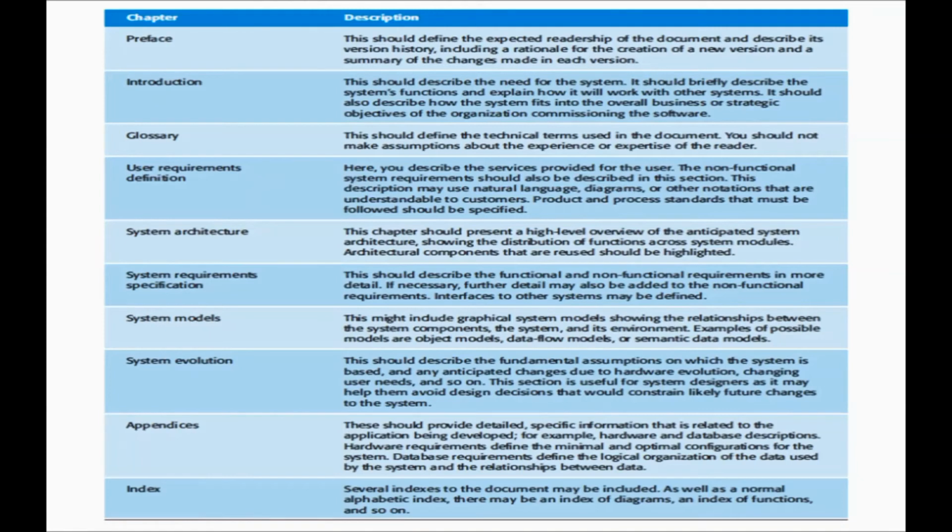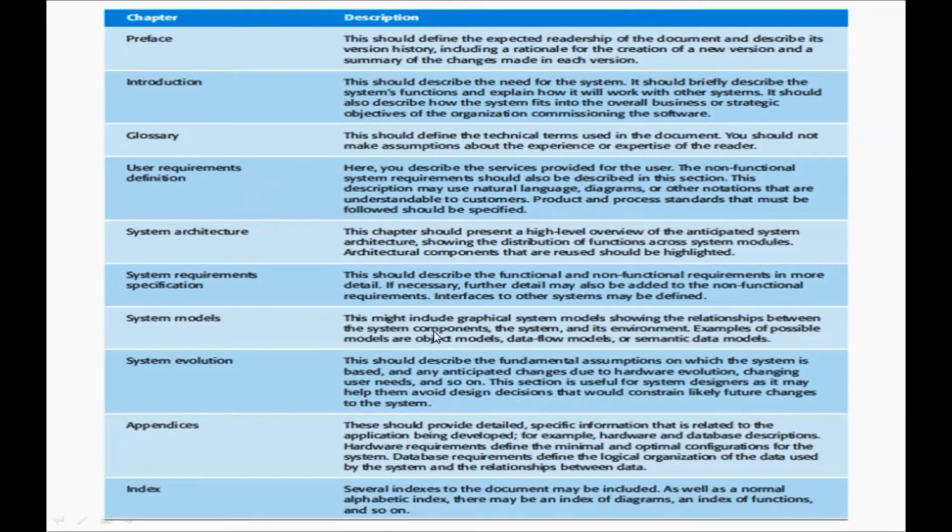Once again I'm telling you, this is just a reference template to create the requirement document. The template may change according to the company, according to the needs. Remember that. So next section, what does it contain: system models. In the coming section you will understand the use case diagrams and activity diagrams.